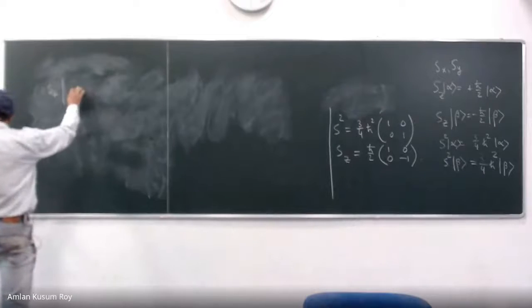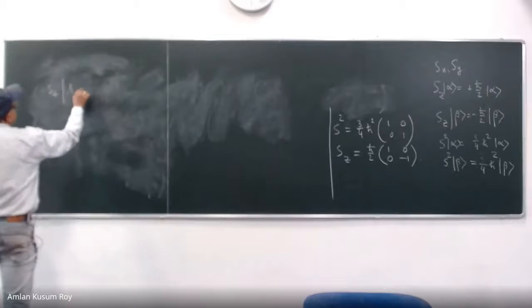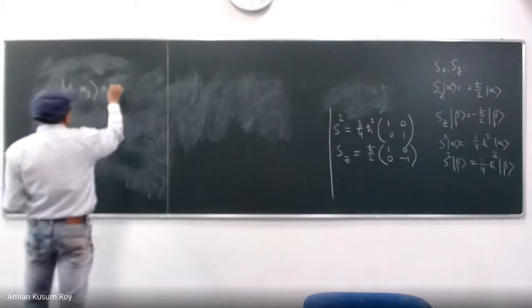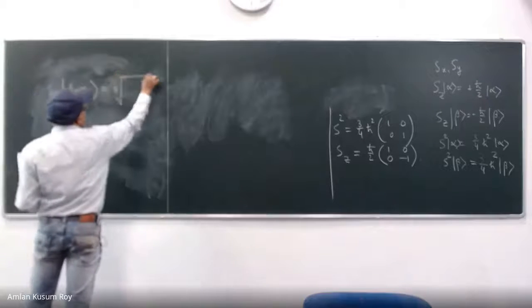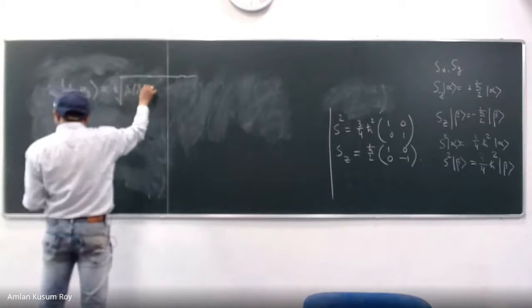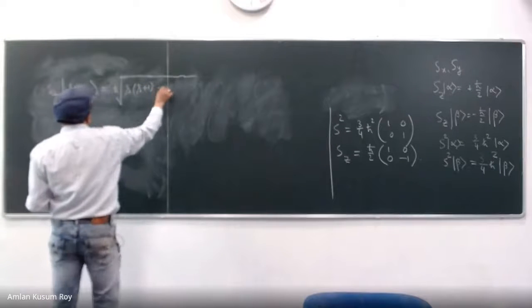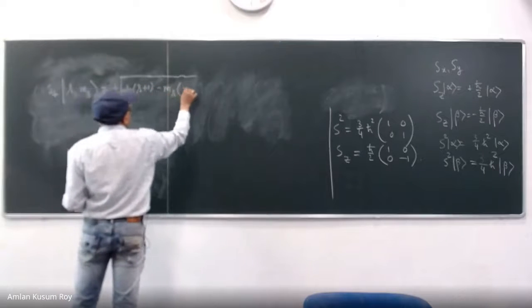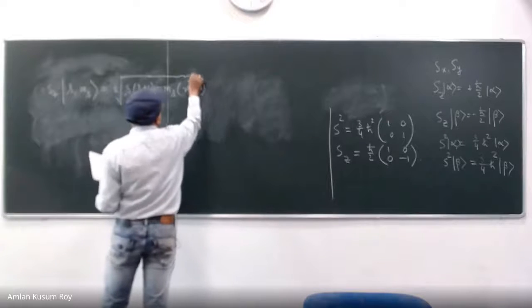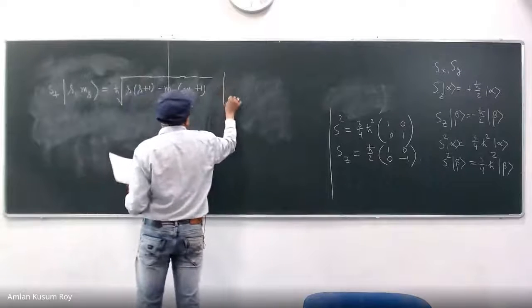So I can write these equations for S, MS. These equations are exactly the same as what we wrote for L and ML. S into S plus 1 minus MS into MS plus 1. So this will take you one step up.